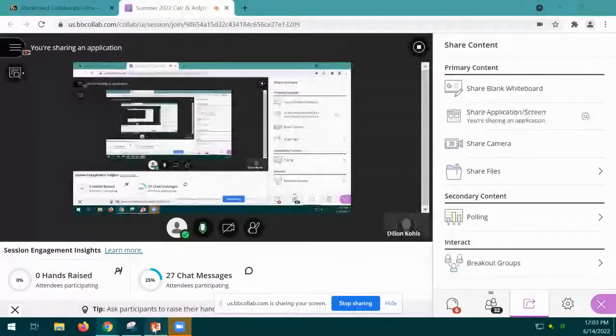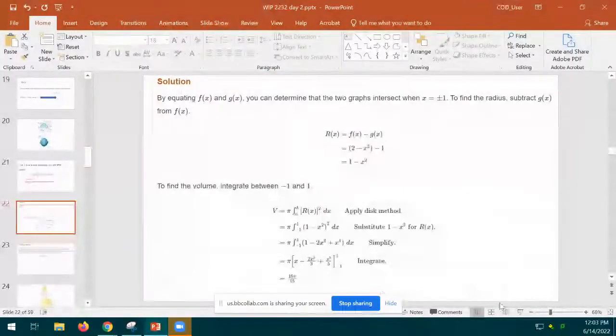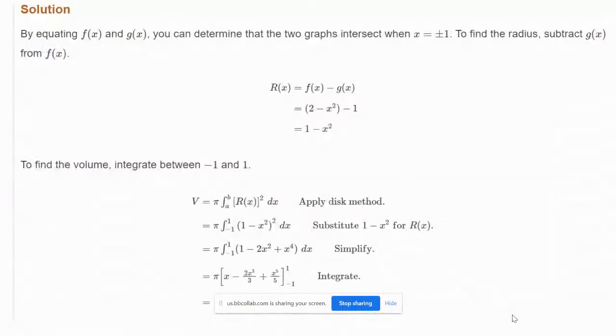Okay, so let's go. I need to go back to the, and some people are leaving the session. We will be taking a break in a bit, but if you have to leave, you have to leave. Okay, so let's see. I need to go back to the application screen then, and so I'll be sharing this, and I will be throwing up the PowerPoint slide yet again.